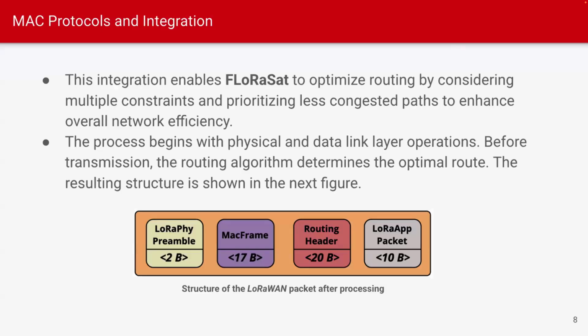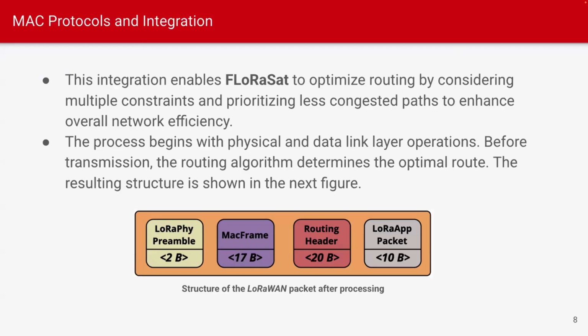Basically, the process of the integration is the result, the message that is transmitted to the satellite after the integration. We can see a representation of the packet in the image, where we have four sections. The first corresponds to LoRa, some details of the physical layer.